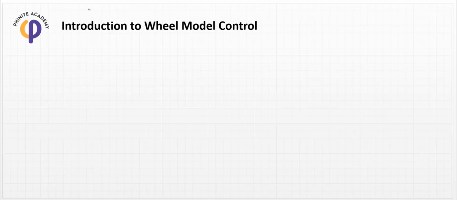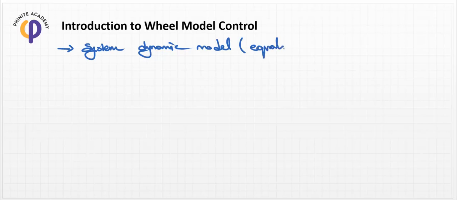In order to create a control method on this system model, we need to first create the system dynamics model. Especially we need to build the equation of motion, and it's related to the transfer function and state space approach.